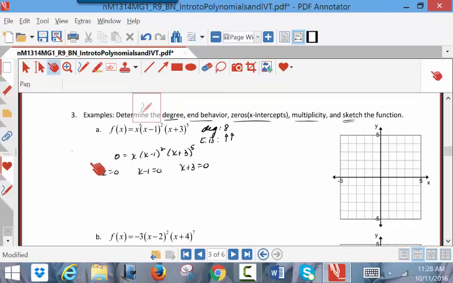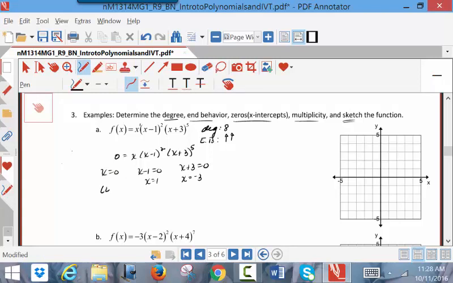Okay, so now we have x equaling 0, x equaling 1, and x equaling a negative 3. So these are the ordered pairs, (0, 0), (1, 0), and (-3, 0). Those are the x-intercepts. Now we need to know the multiplicity of each one of these.